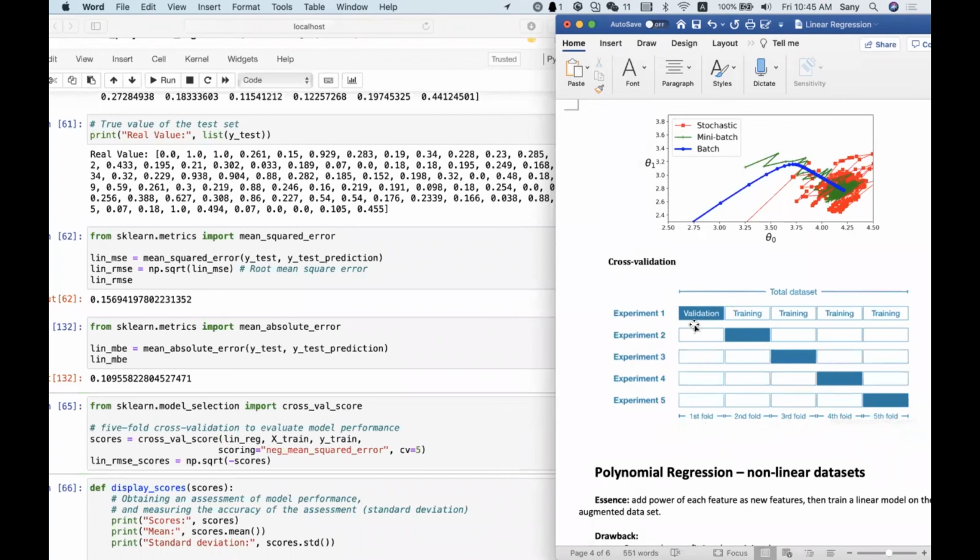It will take the first fold at the beginning as the validation set. Validation here means the testing set, and we can talk about that later.